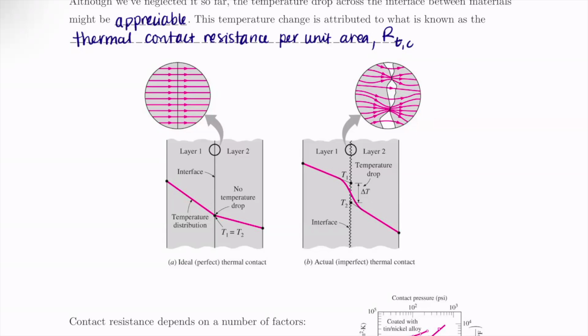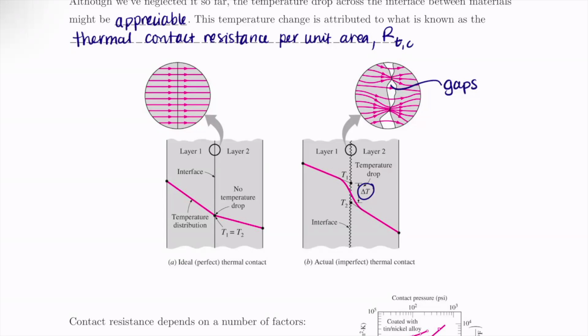Whereas in an imperfect contact, we see that we have these gaps between where the materials interface with each other. So this is realistic because there's really no such thing as a perfectly smooth surface, let alone two of them. And so what this causes is this temperature drop in this little narrow piece of space where our imperfect surfaces are touching one another.